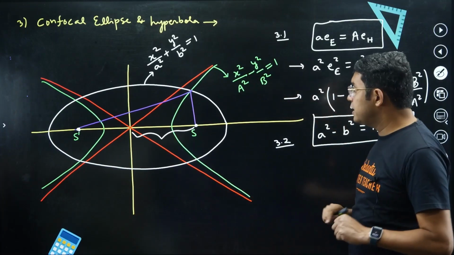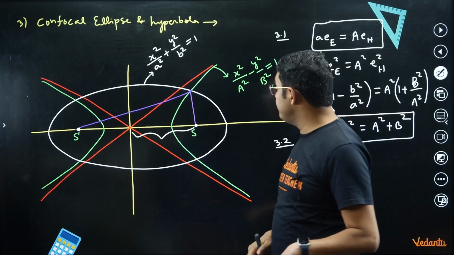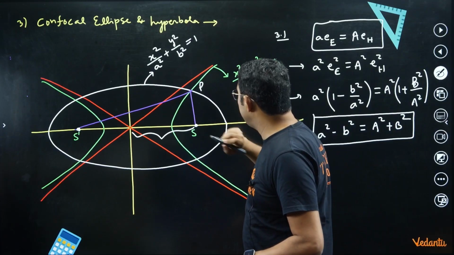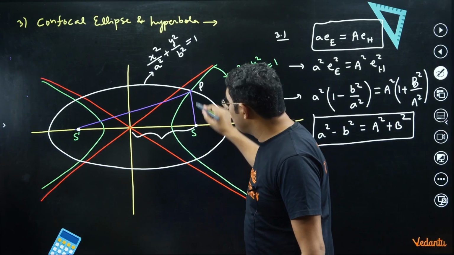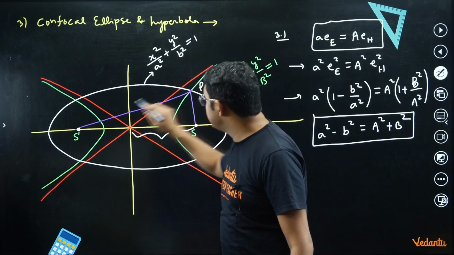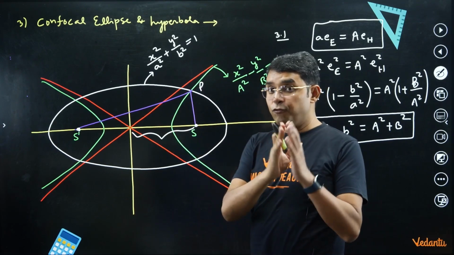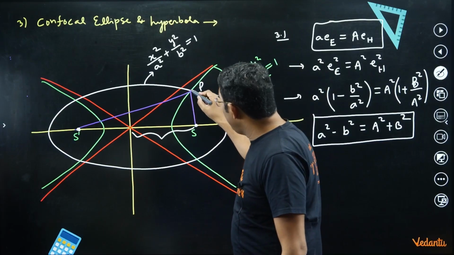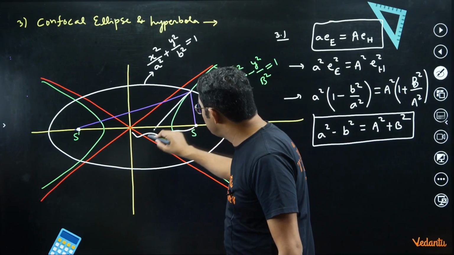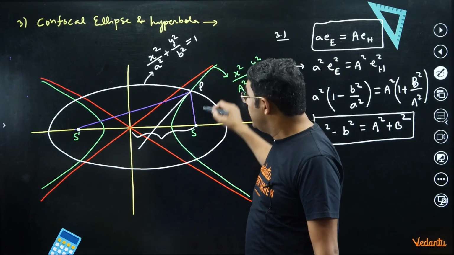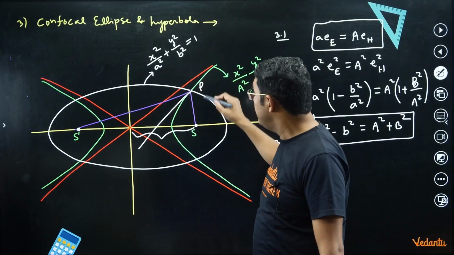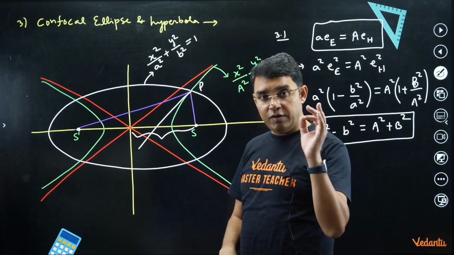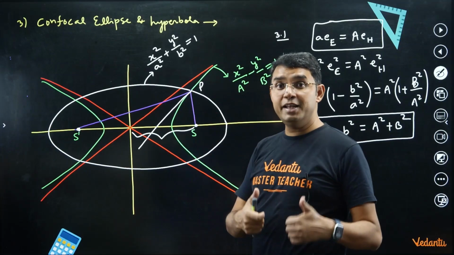Now the second thing, dear student, that can be important for you: the point where they are intersecting each other, let me call that point P. If you join S with P and S dash with P, then there is a reflection property. At this point the internal angle bisector of these two lines SP and S dash P will be the tangent of the hyperbola, and it will be the normal of this ellipse.